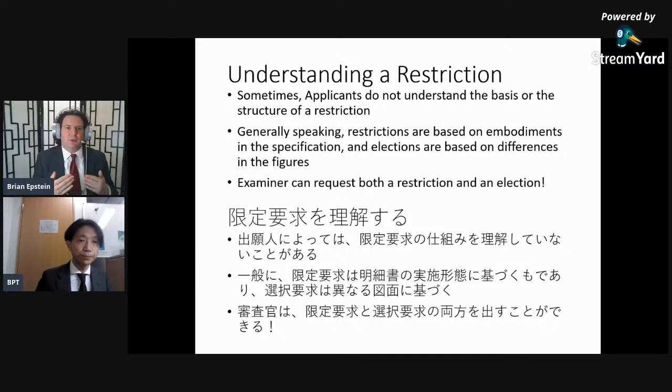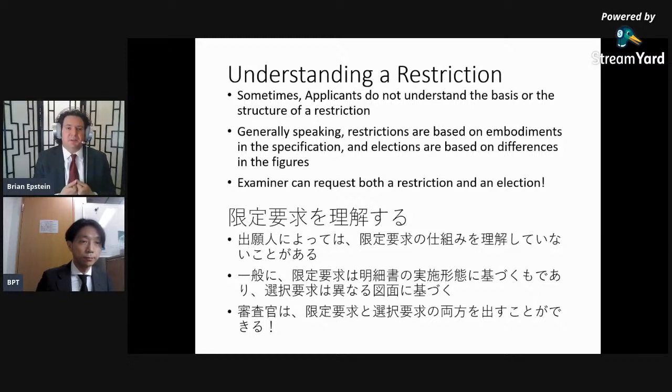For example, the specification might say, first embodiment, second embodiment, and the examiner would tell the applicant to select or to restrict prosecution to one of the disclosed embodiments.